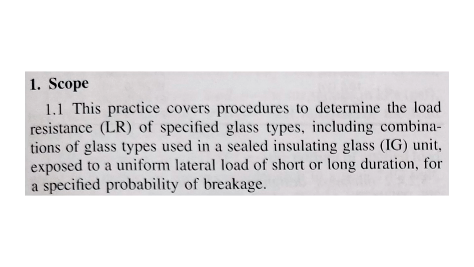It could be a short duration or a long duration for a specified probability of breakage. All right, so we have a uniform lateral load. We're going to be talking about what they mean by a short or a long duration later. Okay, and then this is a specified probability of breakage, which is the standard we'll also talk about in a minute.